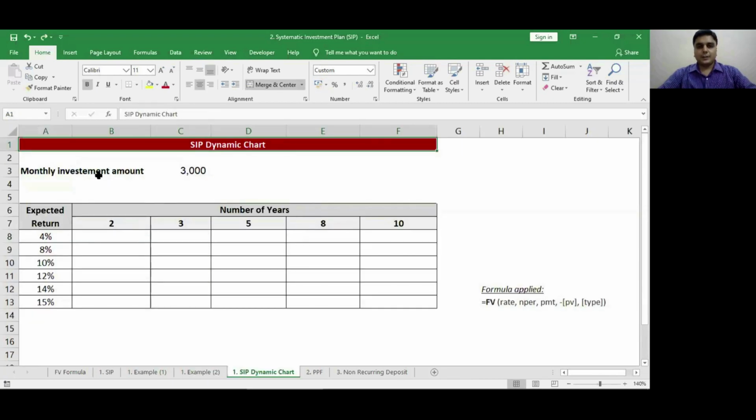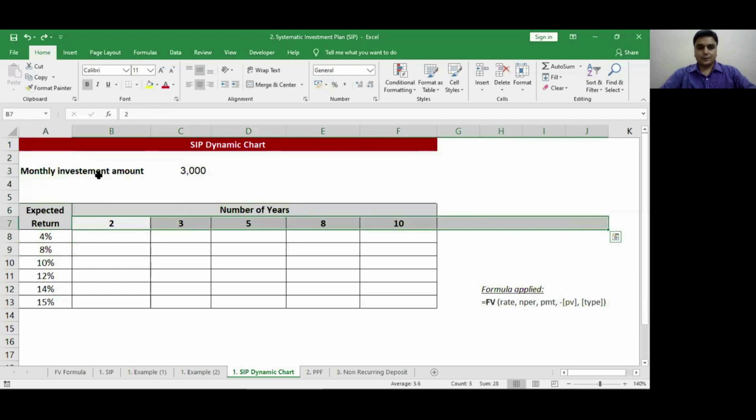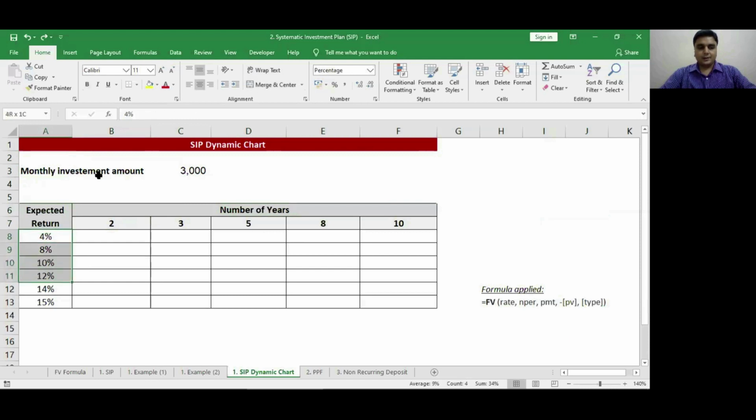Now we can also use the FV formula and create a dynamic chart like this, wherein we can write the number of years in this particular row, the expected return in this particular column, and we can use the formula future value, rate divided by 12. Number of periods will be year into 12.